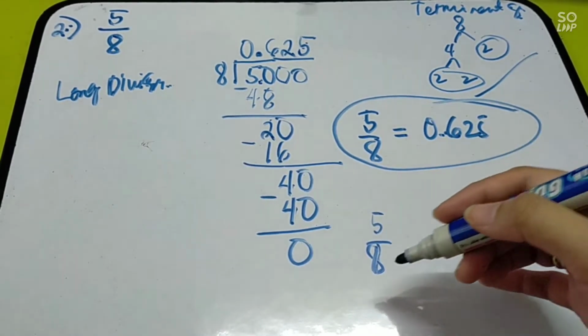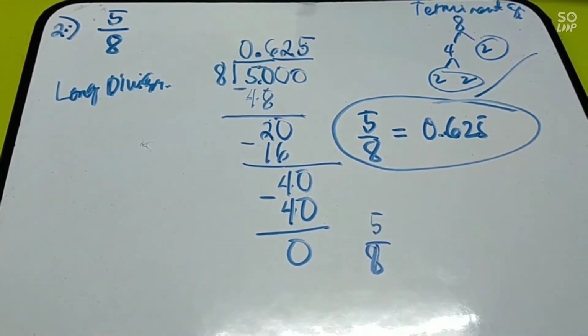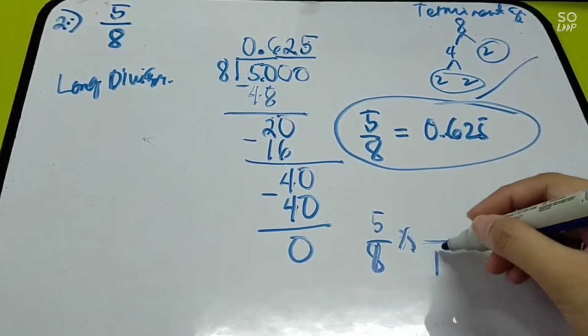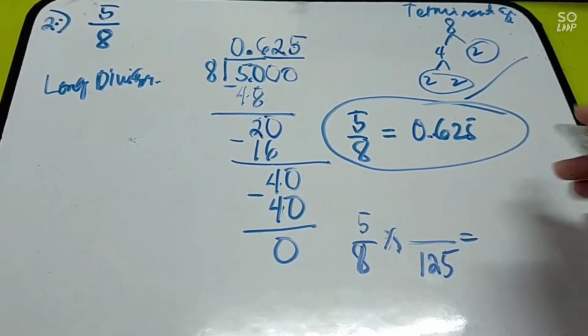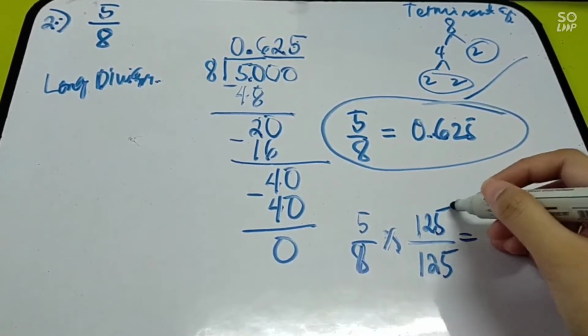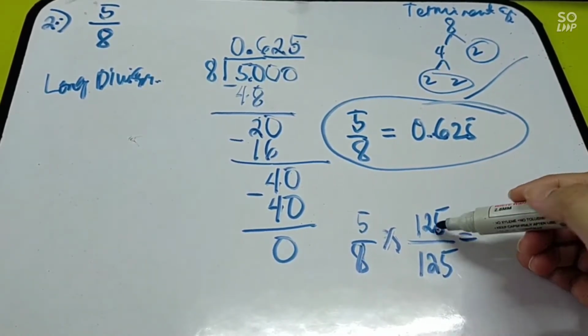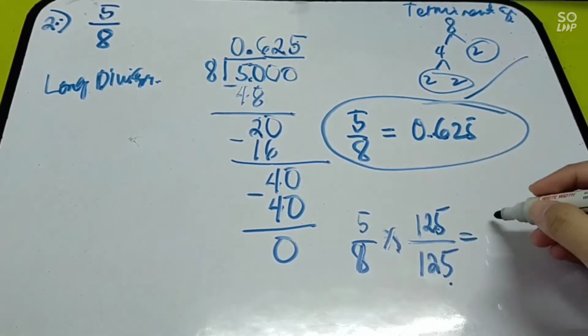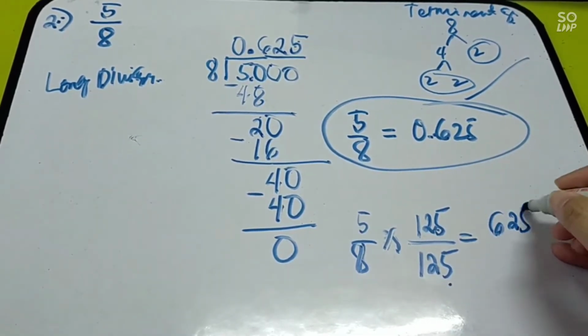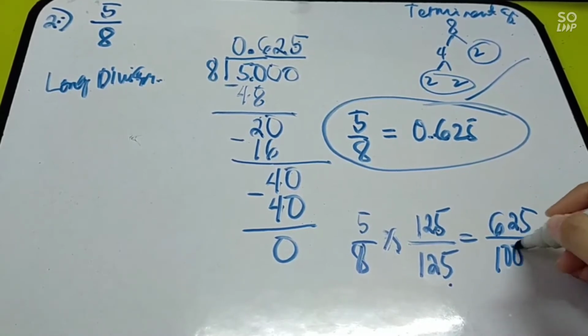Ano yung pwede mo i-multiply kay 8 para maging 1,000 siya? That is 125. So, ito ay magiging 125. So, 125 over 125. So, if you multiply this one, magigitong 625 over 1,000.